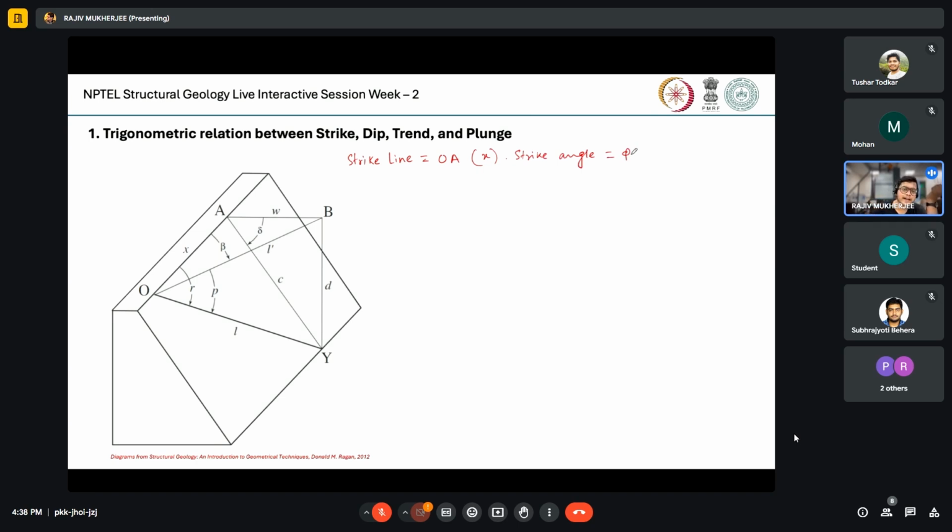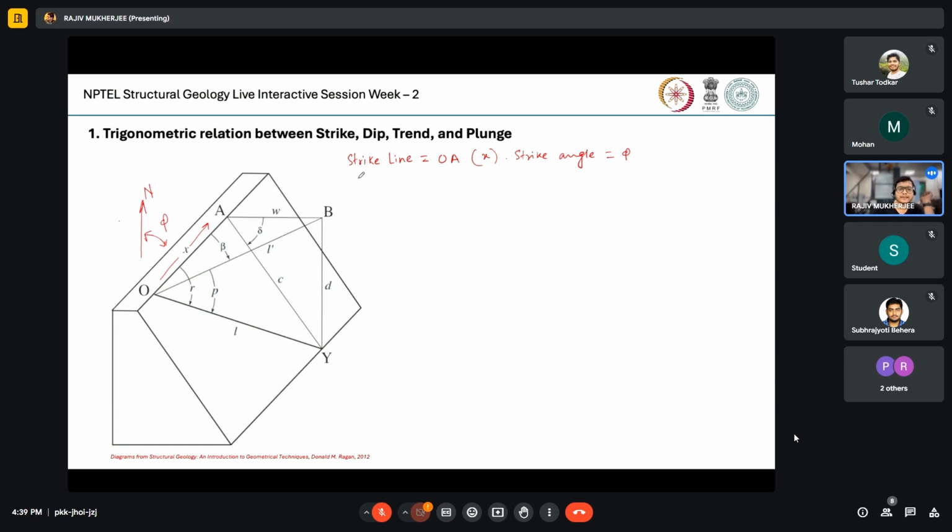Now, what is strike angle? Say for example, the OA line is like this. So this is the strike direction. Now, if the north lies in this direction, then we will have an angular difference with respect to the north. This angle is phi. So the strike angle is basically the azimuth of the strike, how much it is deviating from the north direction. Okay. So that angle is phi.